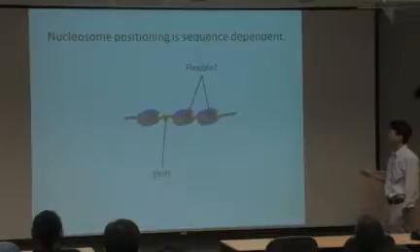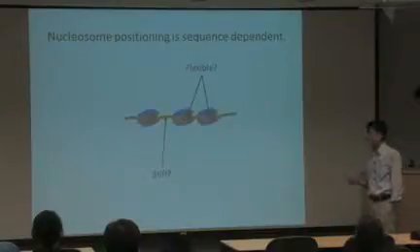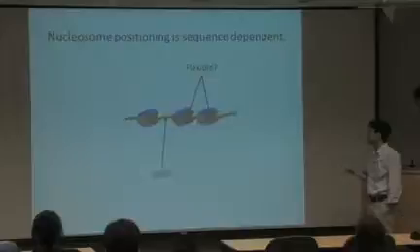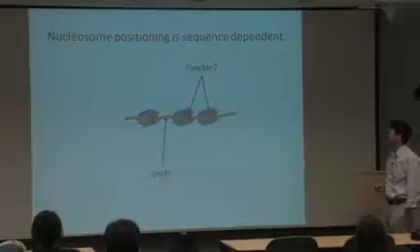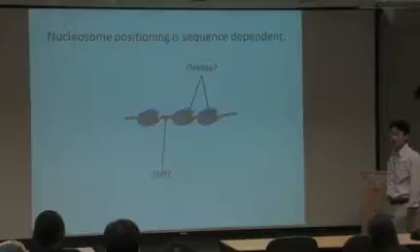For example, some DNA sequences are going to be stiff, and some are going to be flexible. That's why you see this non-uniform nucleosome formation as a function of DNA sequence. So we would like to investigate whether this is true.